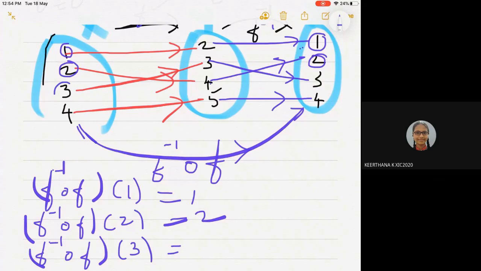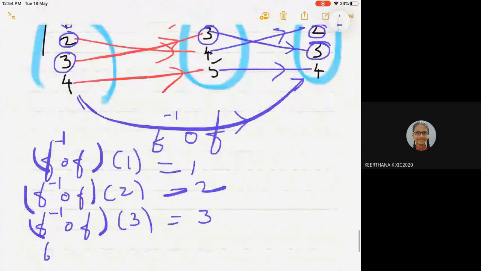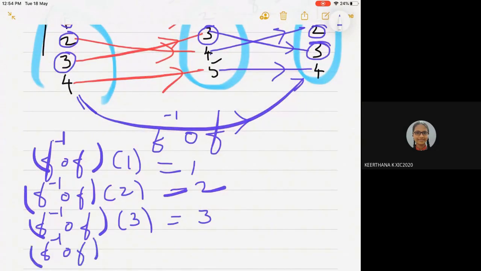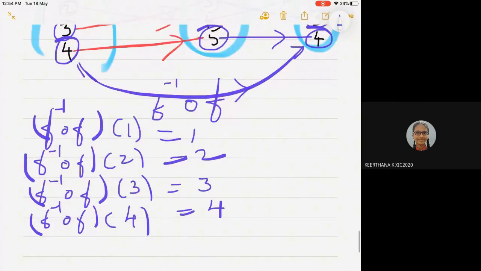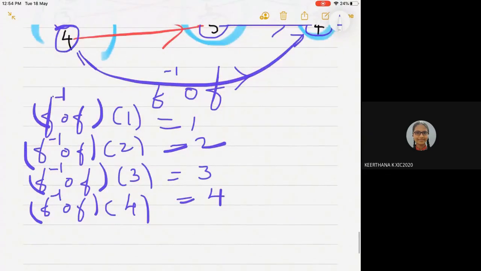From 3 it goes to 3, then again 3. Ultimately we get 3. Now f inverse f of 4: f of 4 is 5, and from 5 to 4. So finally it is 4. So what you have noticed is the image of 1 is 1 under f inverse f, the image of 2 is 2, the image of 3 is 3, the image of 4 is 4.